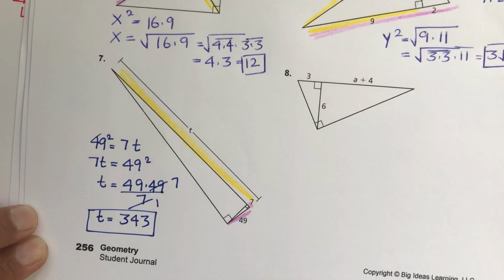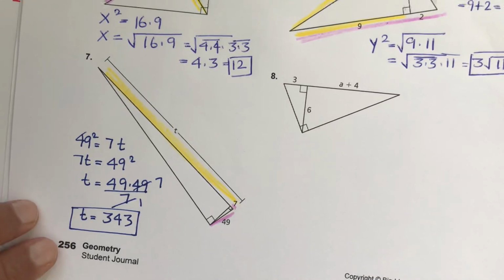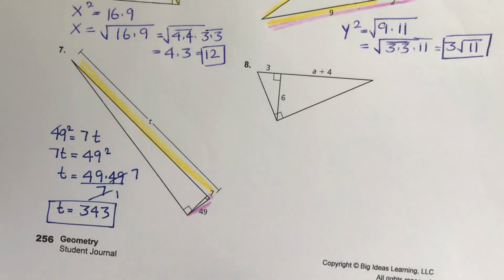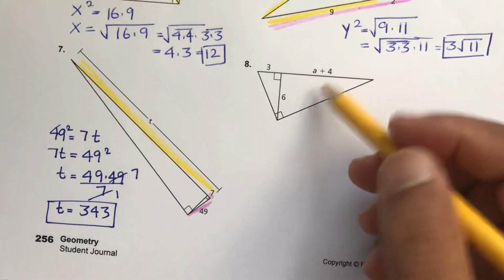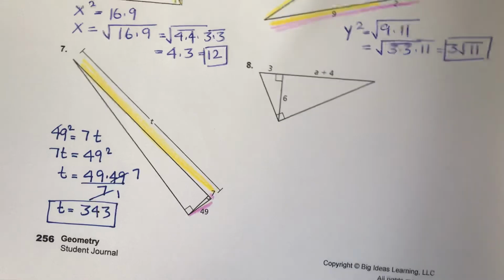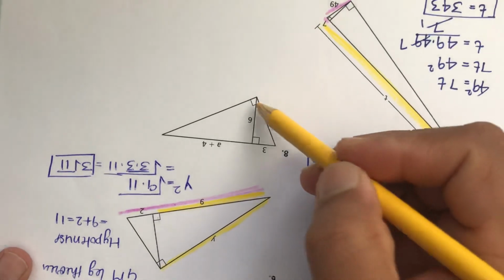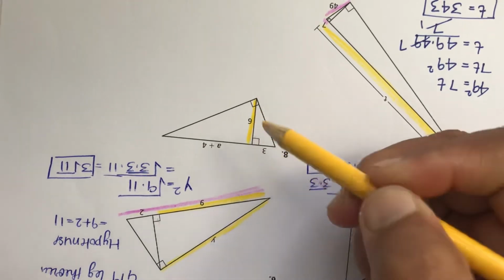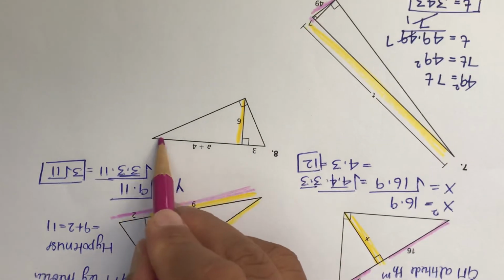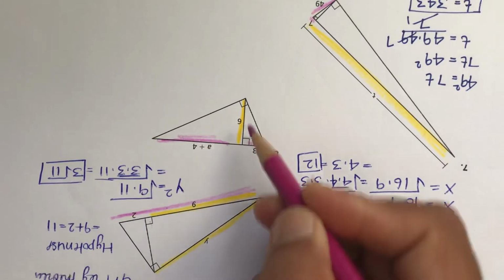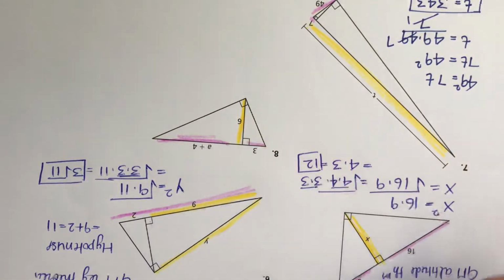Let's move to the very last problem here, number 8. You can look at it and see. If you find it confusing, I told you always rotate the book and look at it in a normal way. I've been given the altitude and I have been given the parts. So it looks like the geometric mean altitude theorem.